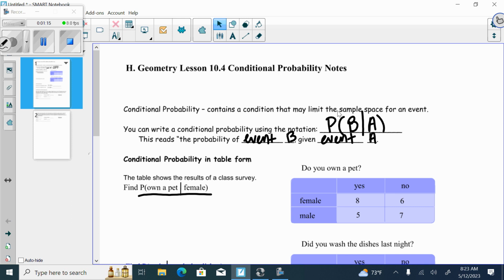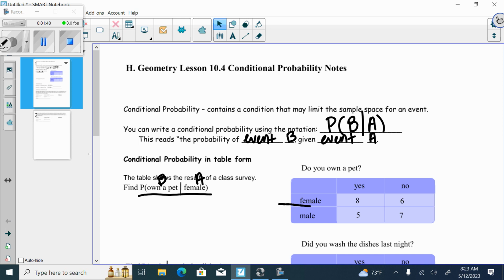So remember, this is the event B right here, while this is the event A. Event A happens first, right? We talked about this back with independent and dependent events. So I'm going to have to look at event A to limit what happens for event B. So it says that our event A is the fact that they are female.